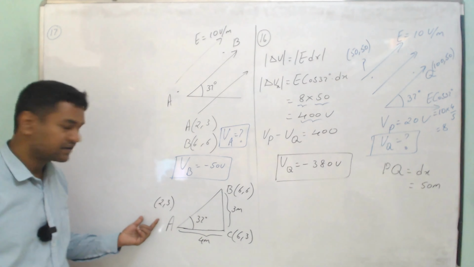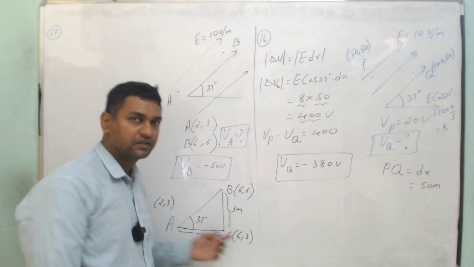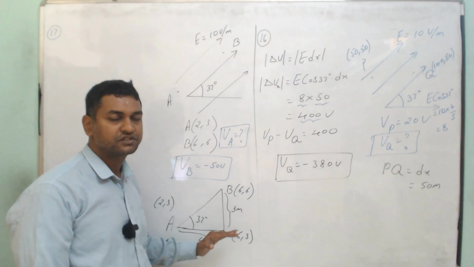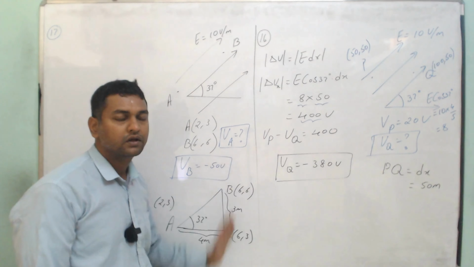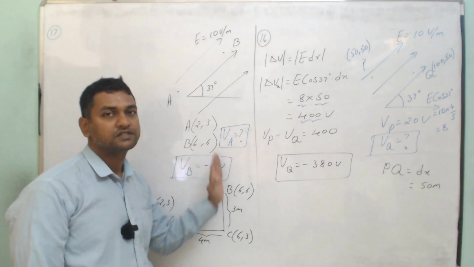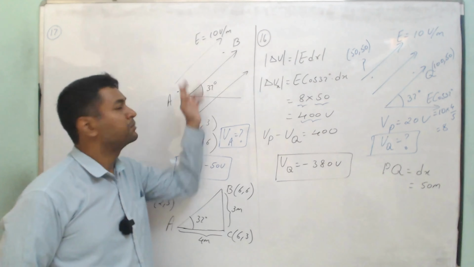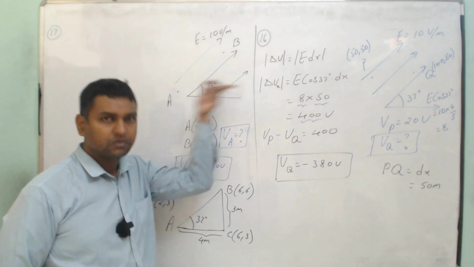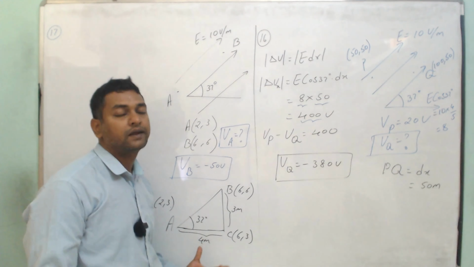So while starting from 2, 3, I will go to 6, 3. Only x will change. While going from 6, 3 to the top, it will become 6, 6, which is my final coordinate. I have to reach from A to B, draw a horizontal line, draw a vertical line, and generate a right angle triangle.